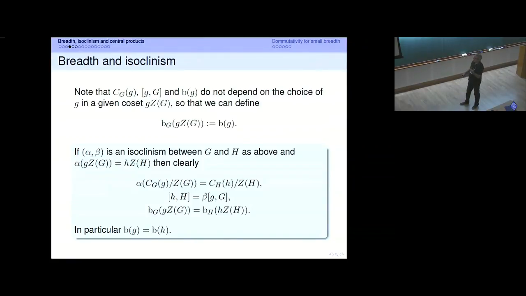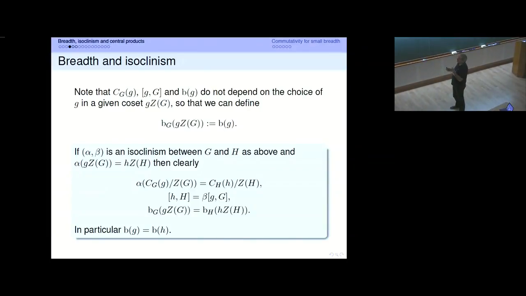In this talk, the symbol [g, G] will be the set of commutators of the element g in G. And also the breadths are the same. So the two elements, in G and H, have the same breadth. The breadth is an isoclinic invariant.